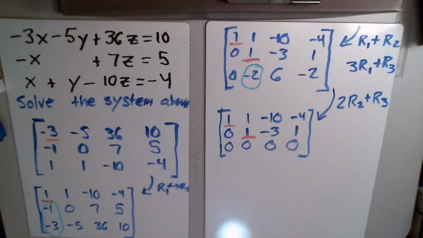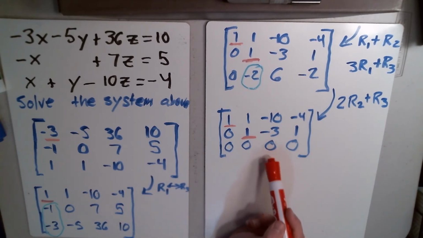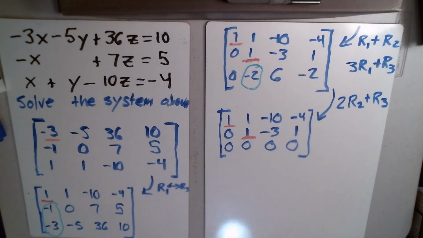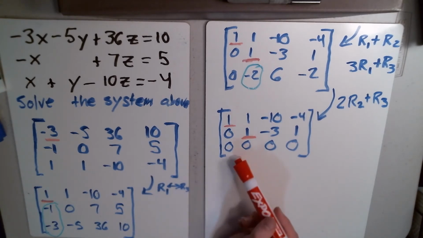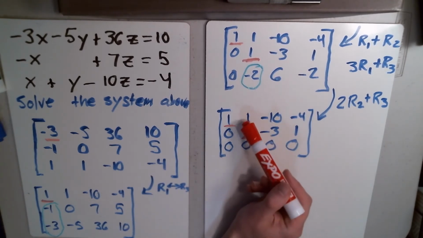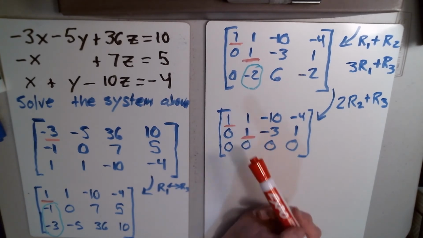Okay, those are my leading terms. And there's no way I can get a leading term of a 1 here, right? Because there's just all zeros. And so this is actually the row echelon form, right? It's not quite reduced yet because there's this 1 up here above this leading one.